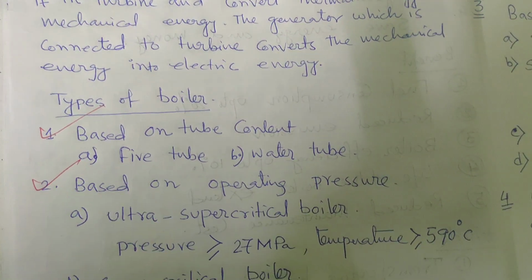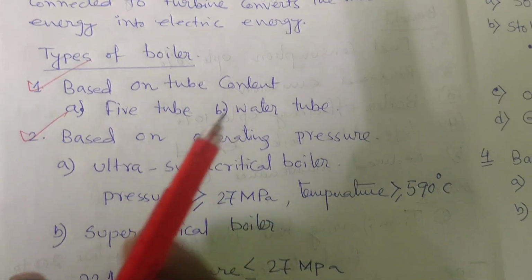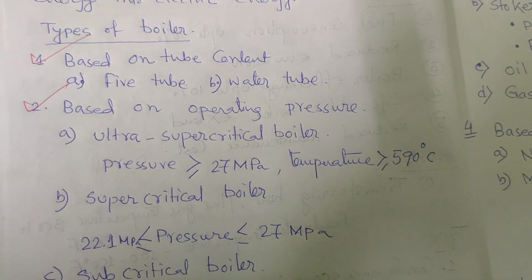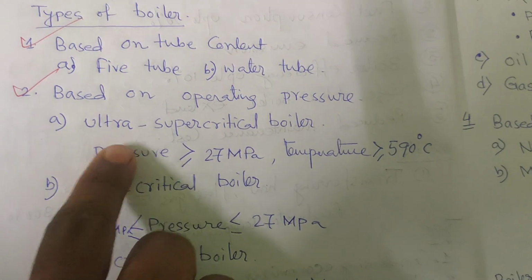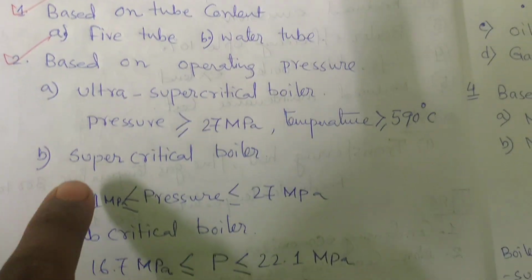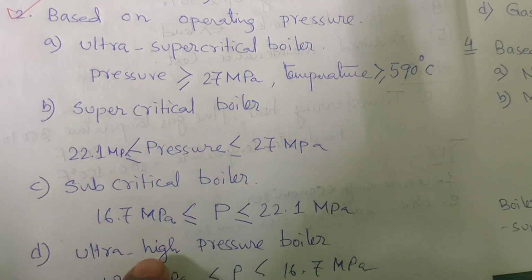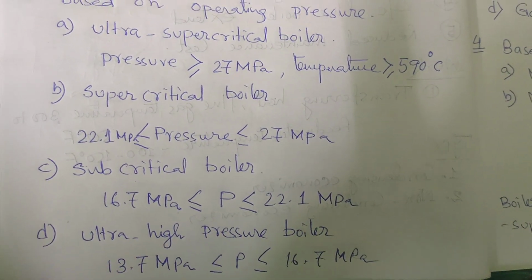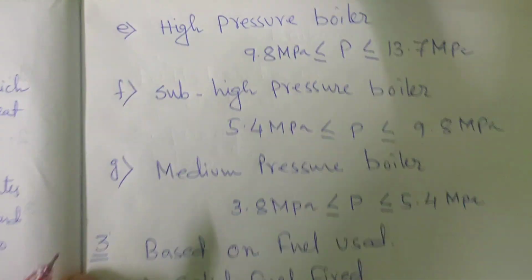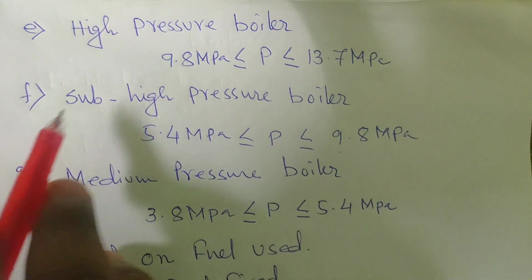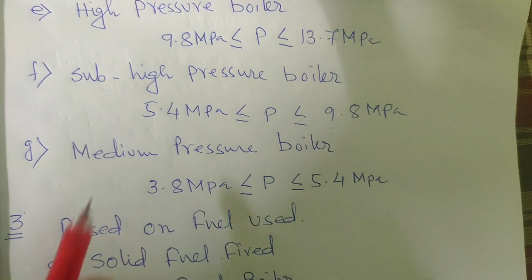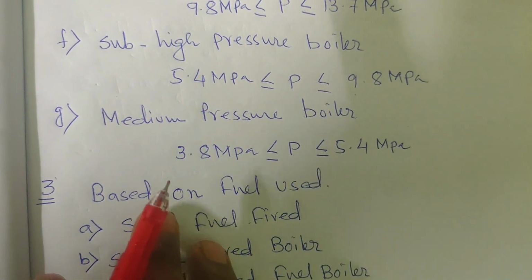Based on the operating pressure, different types of boiler are present: ultra supercritical boiler, supercritical boiler, subcritical boiler, ultra high pressure boiler, high pressure boiler, sub high pressure boiler, medium pressure boiler.